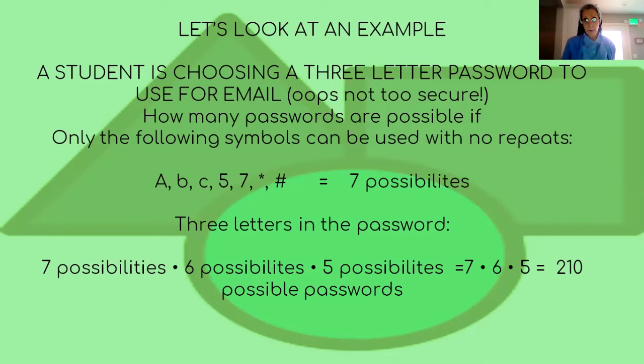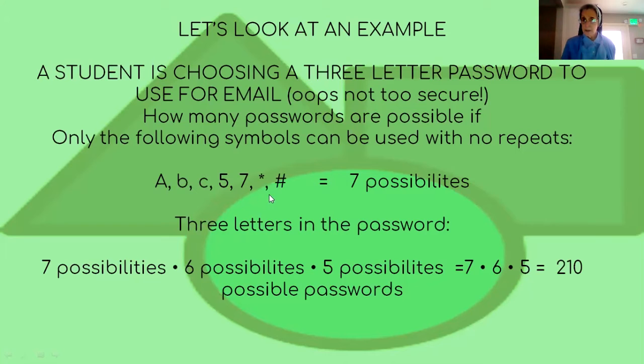How many passwords are possible if only the symbols that can be used with no repeats are capital A, small b, small c, 5, 7, asterisk, and pound sign? So there are 7 possibilities that you can use. Once you use one of them, you don't want to repeat. So 3 letters in the password. So the first time I can pick A, B, C, 5, 7, star, pound sign. So I can pick 7 possibilities.